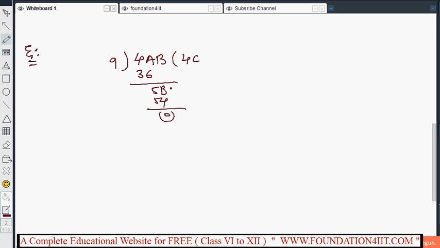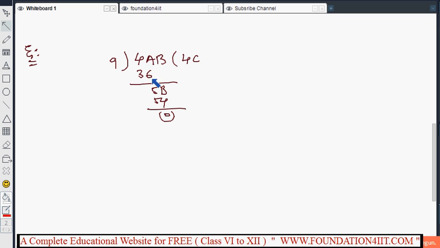Here first, if A is equal to 1, here A minus 6. 4AB, 36. 9 4s are 36, which is directly given.